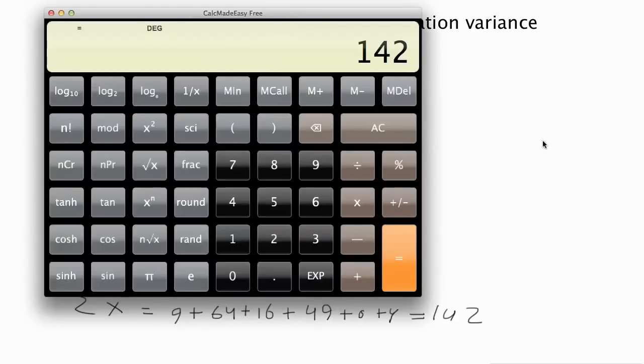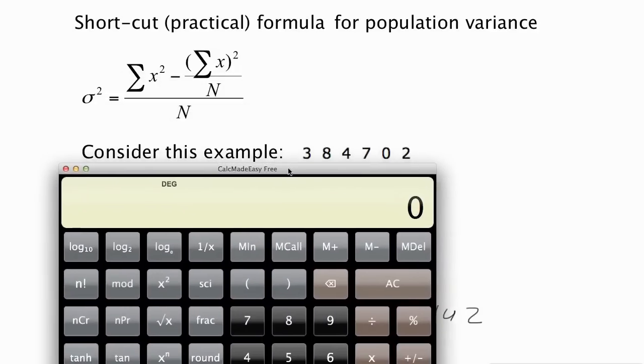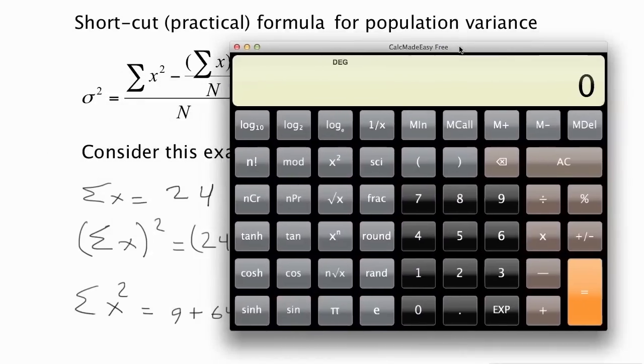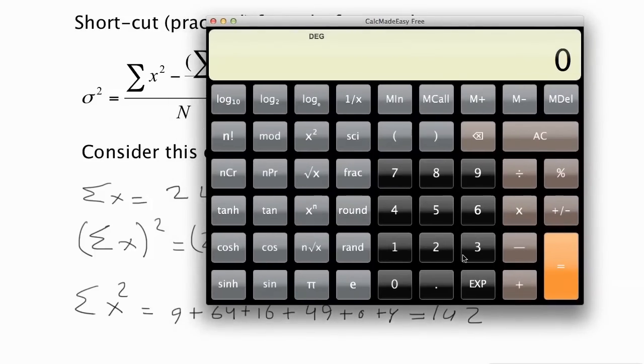For example, you could have said, okay, this is my data: 3, 8, 4, 7, 0, and 2. So you could just say 3 squared plus 8 squared plus 4 squared plus 7 squared plus 0 squared, of course, is 0, and then 2 squared. When you click equal, it will again give you 142.